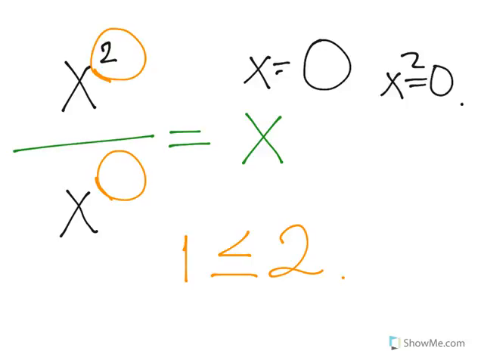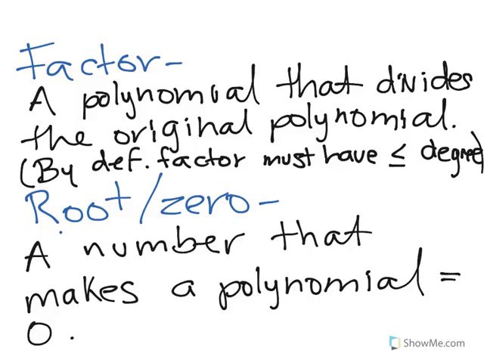So a zero for this polynomial or a root, you can say it either way, is 0 itself. So you will get larger polynomials and more complicated, and you will see that 0 is not necessarily a zero for a polynomial. And you will see how to factor them out and find what the roots are.